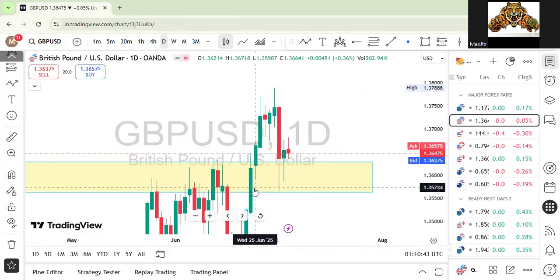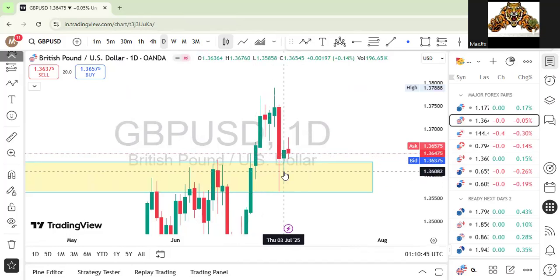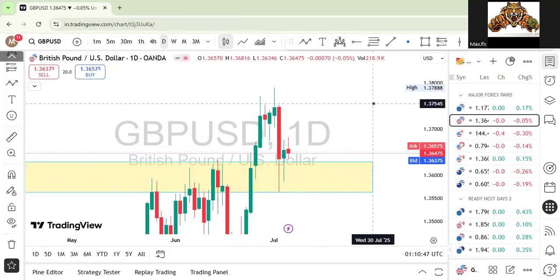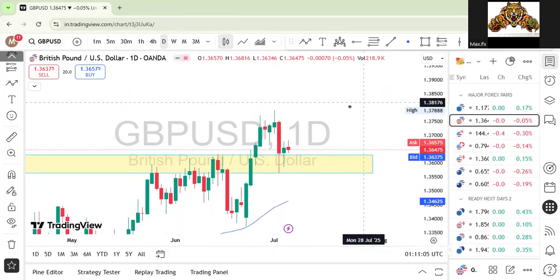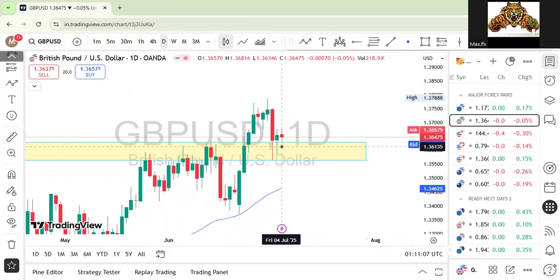Then that's fine, I'm going to buy. But now there is no sign that the sellers have left the market, which means the price can make its way downward to this EMA right here. The price can continue selling. So we have to be very, very careful. So what I'm going to do is wait patiently to see what Monday will be like.